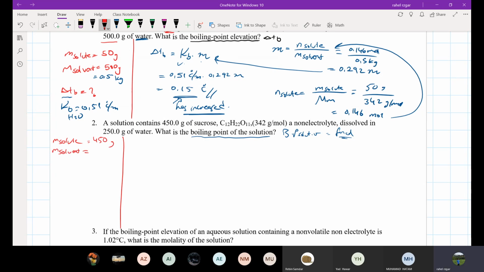Mass of solvent is 250 grams. And we have molar mass. It says find boiling point, and we have Kb, of course, because it's water. We know Kb is 0.51 Celsius per molal.